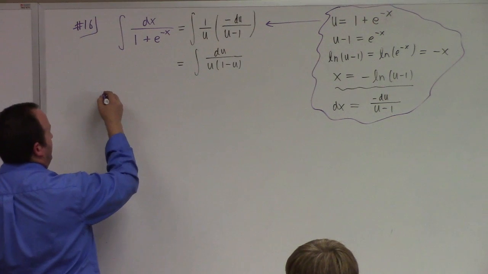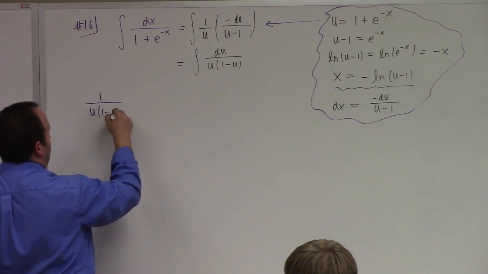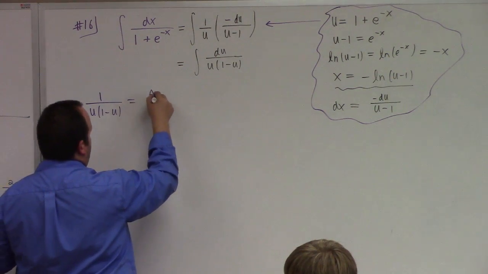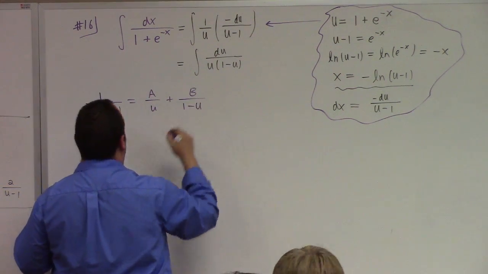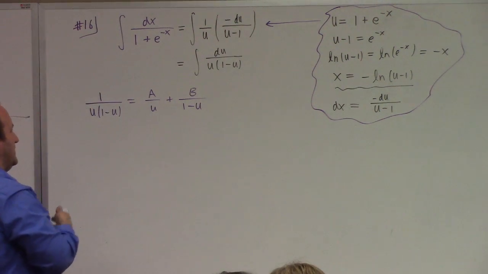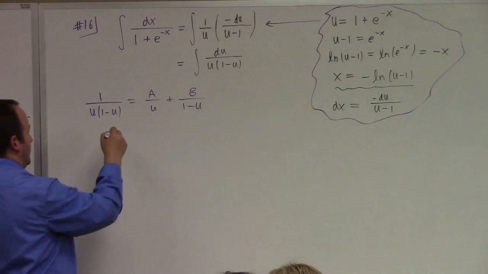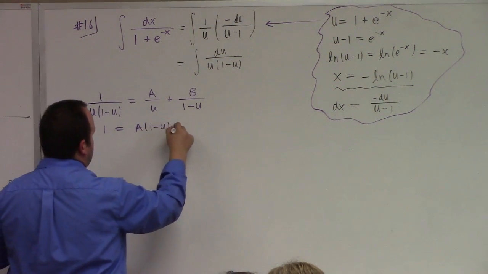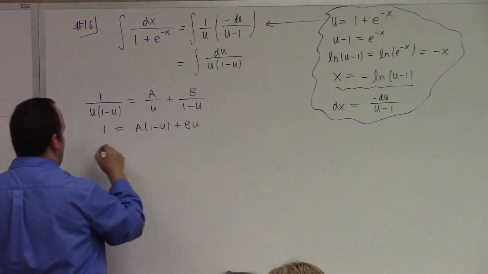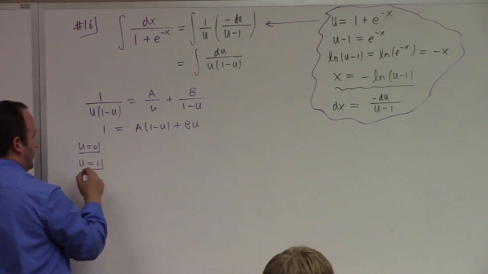Let's do the algebra. 1 over u times 1 minus u is equal to a over u plus b over 1 minus u for appropriate choices of a and b. This one's simple enough. Some of you probably could figure out what to do here. I'm just going to do the algebra, though. I won't try to be clever. So if we put u equal to 0, and if we put u equal to 1, that should pretty much tell us what the coefficients are.